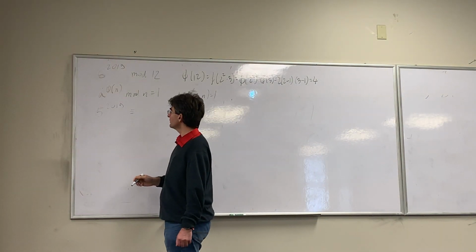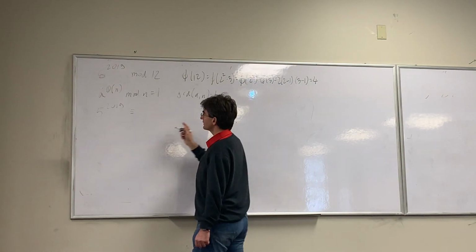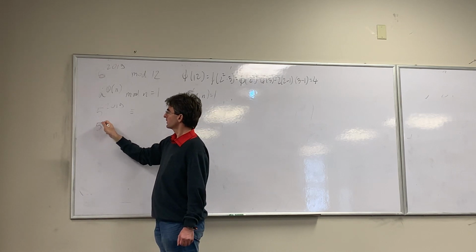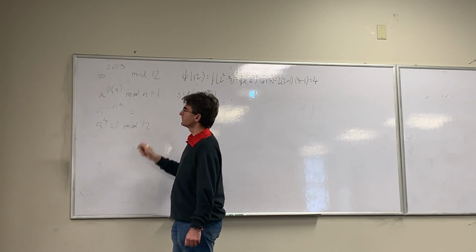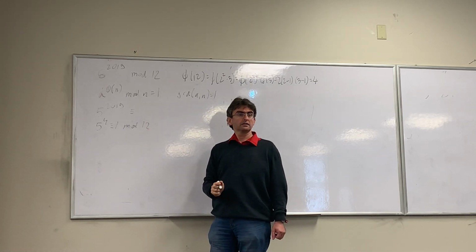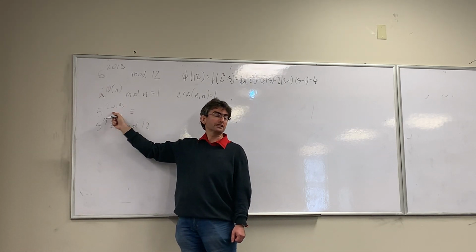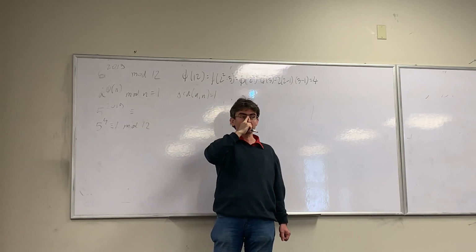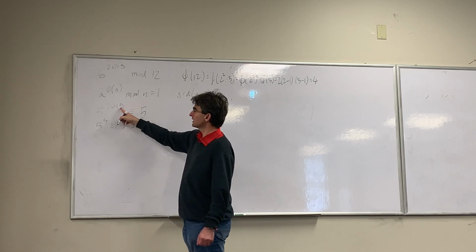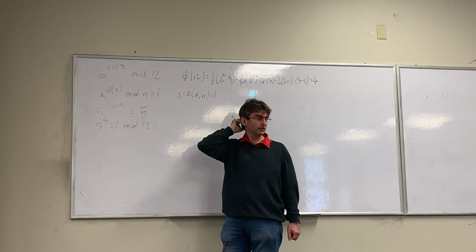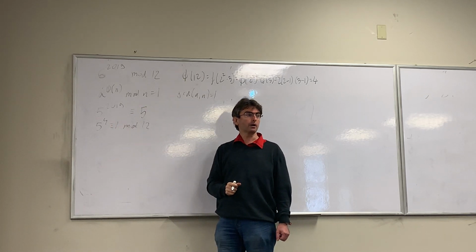So Euler's theorem tells us that 5 to the power 4 is 1 mod 12. To exploit this, we are going to rewrite the exponent of 5 to the power 2019 to be able to exploit the power 4.